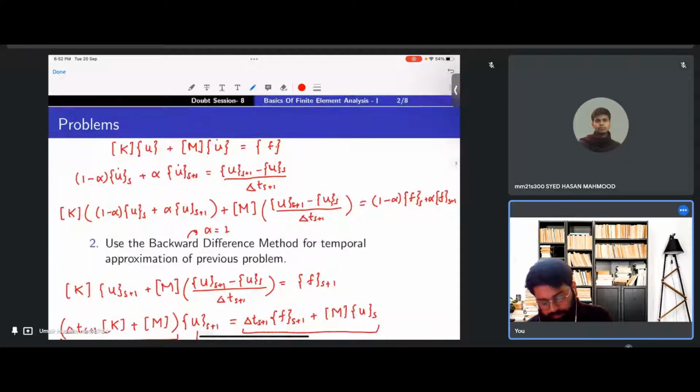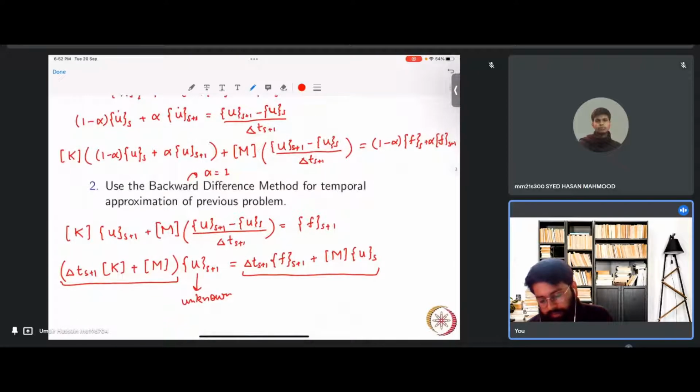So here we did it for alpha equals 1, but now we have alpha equals 0. So we'll just use this, and of course we are given f equals to 0, so we don't need to care about the right hand side term. We'll just use the left hand side with the coefficients of k and m.